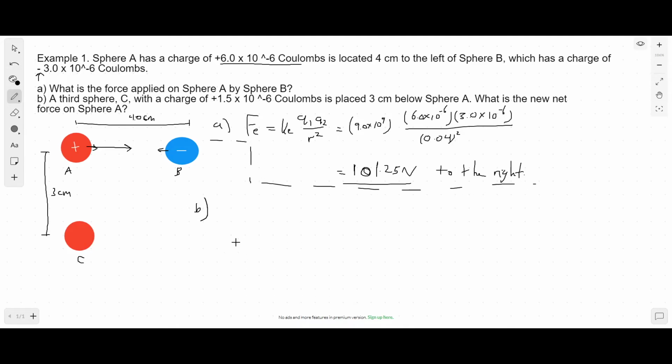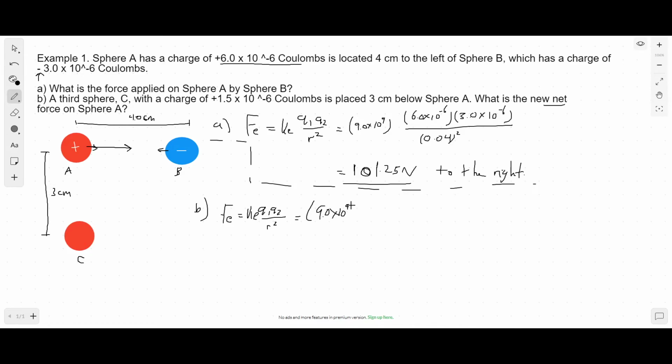So for B, first we need to find out what the force is that C applies on A. And then we're going to use that force plus the force from part A to find out what the net force is on sphere A. So again, we're going to apply the equation one more time. Q1, Q2 over R squared.